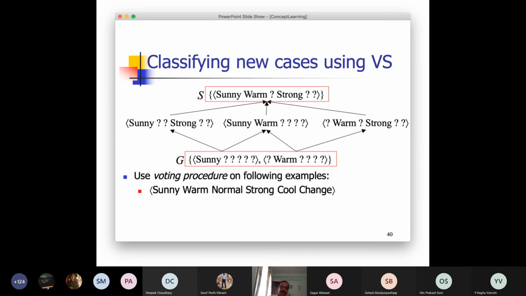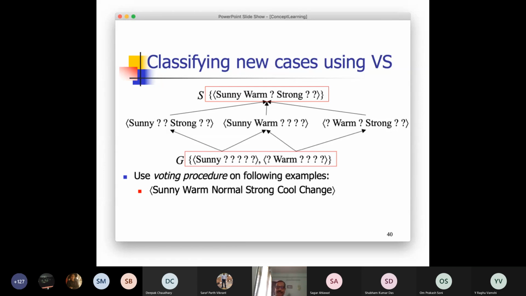Now you have a new instance. Say this is the new instance: sunny, warm, normal, strong, cool, change. Can you tell me how many hypotheses will satisfy, or whether any hypothesis will satisfy? All the hypotheses satisfy. Right. How do you say so?